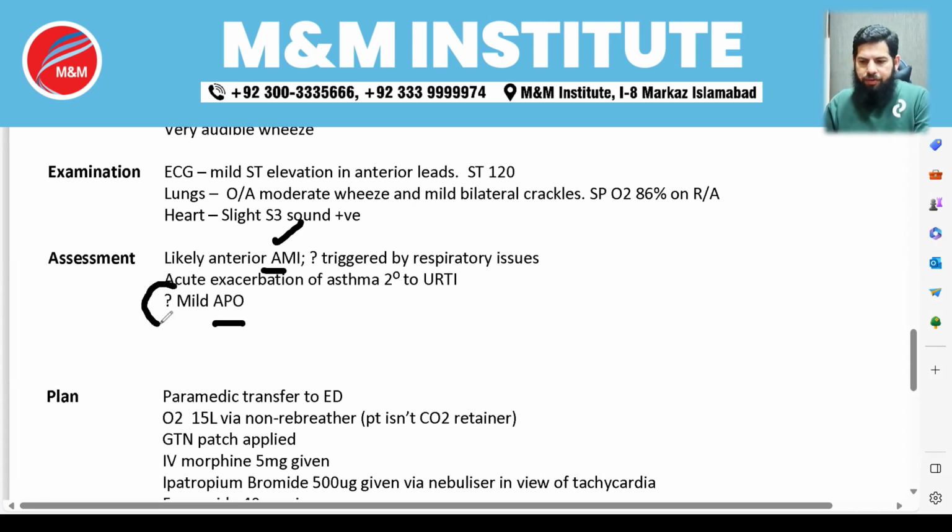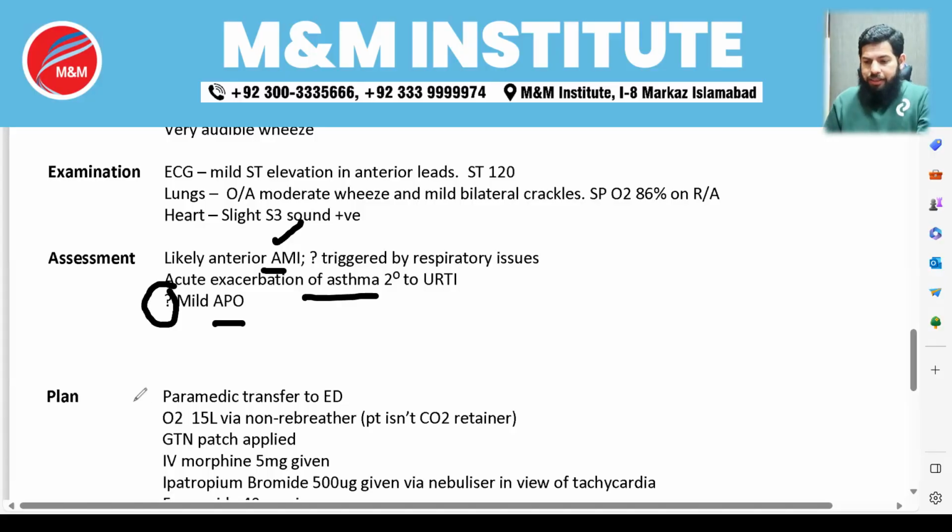The question mark means that we are suspecting something. Along with that, the patient has been having worsening of asthma. So the purpose of writing is to write this letter to the emergency registrar for this tentative diagnosis, and you can see in the plan paramedic transfer, it's a kind of transfer letter.